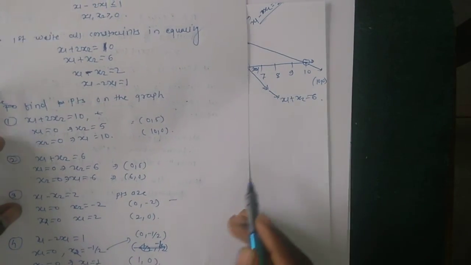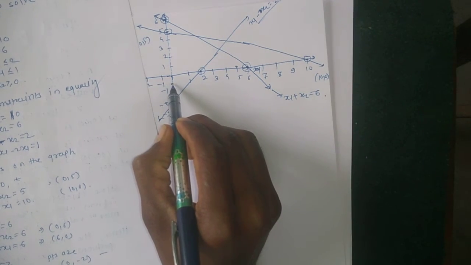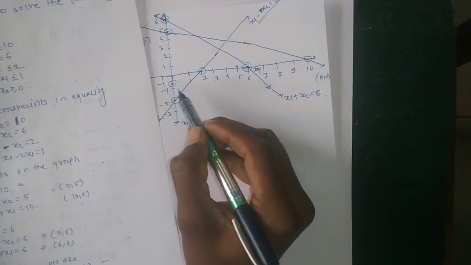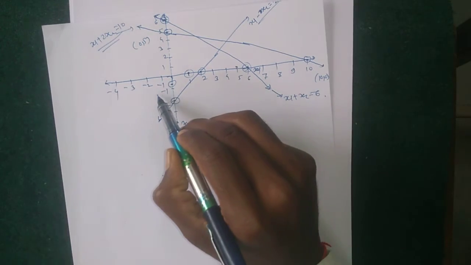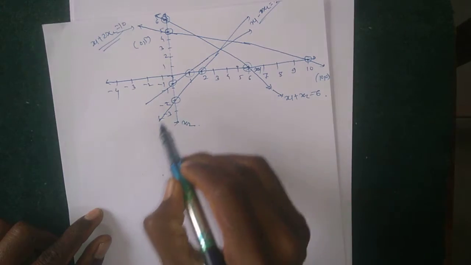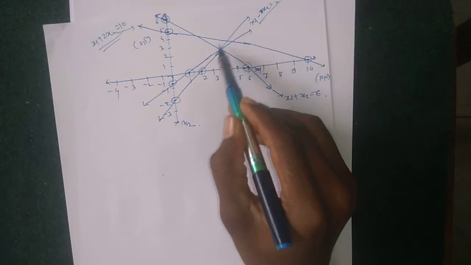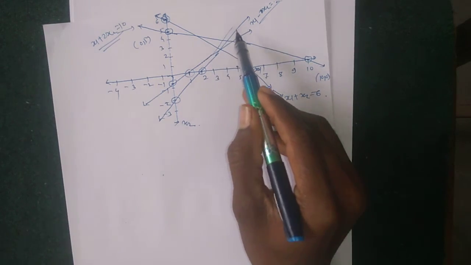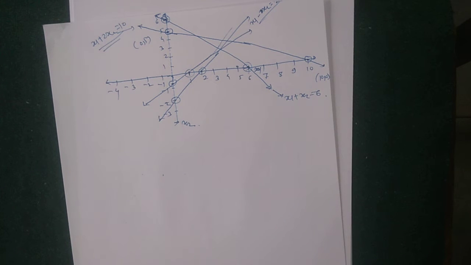Okay, then points are 0, minus 1 by 2, which means here minus 1 by 2, and next point is 1, 0. So join these two points.